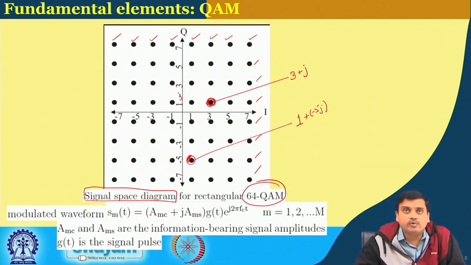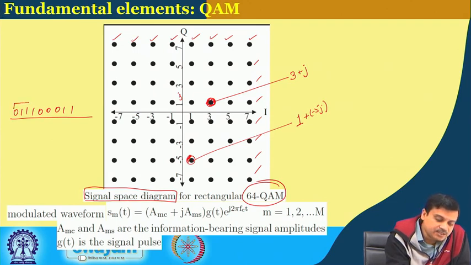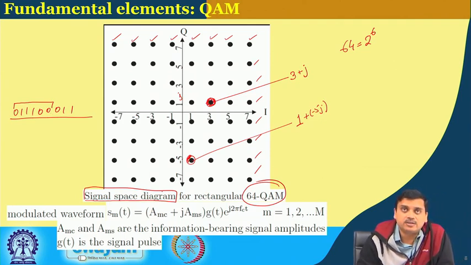Like this you are going to have all these constellation points marked, and depending upon the bit sequence that comes in, 0 1 1 0 0 whatever it is, one has to take at least 6 bits at a time, because 64 is equal to 2 to the power of 6. So, 6 bits are required to select one of these points.